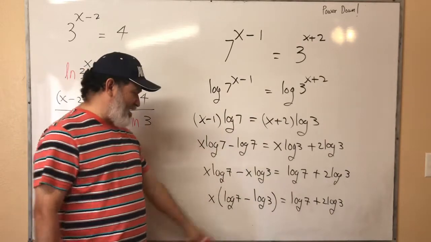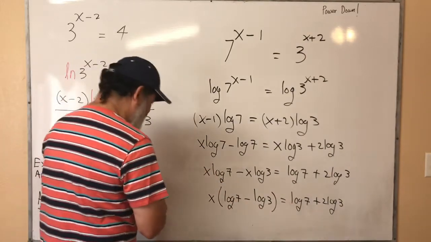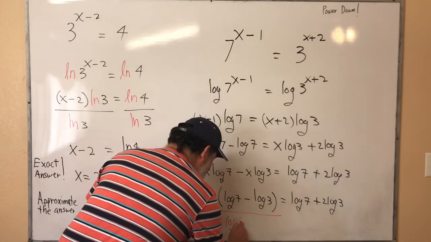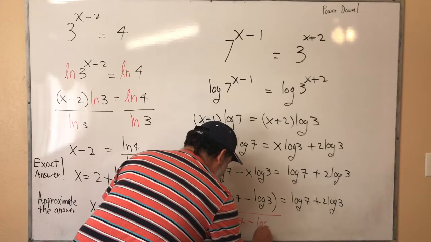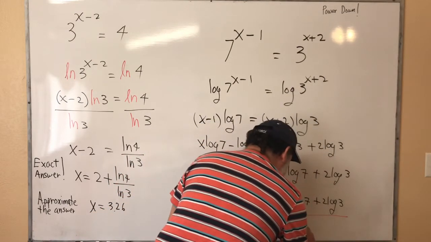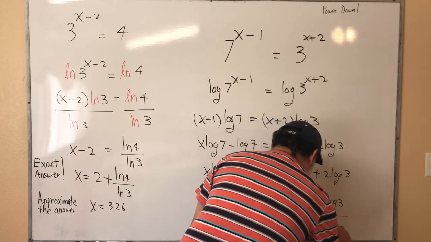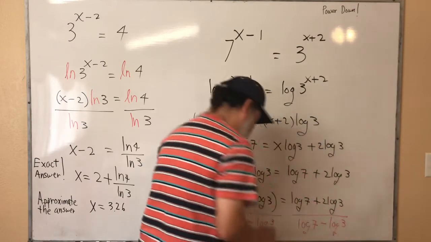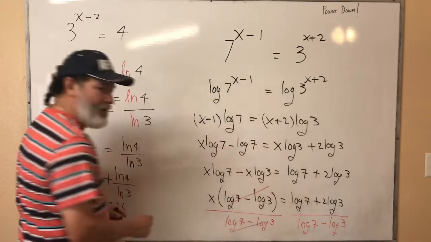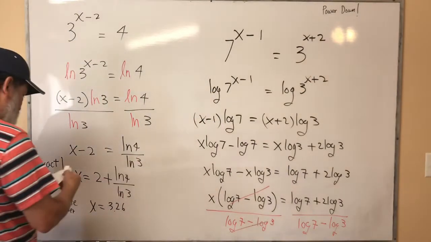Divide both sides by this expression: log base 10 of 7 minus log base 10 of 3. And this one cancels that one. Yes, it does. Don't say no, say yes.